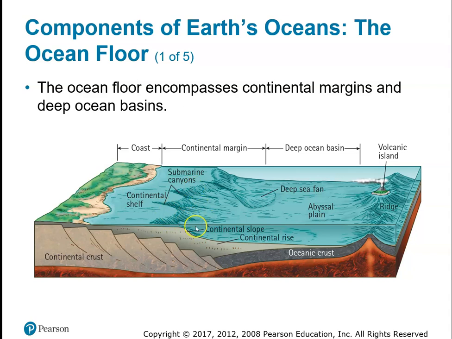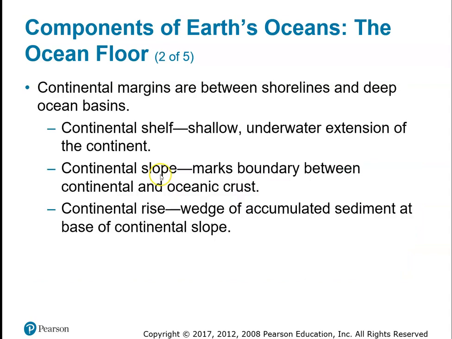The continental slope is much closer to the actual coastline, so you don't have that much of a continental shelf. And then of course the continental slope has a very large angle that extends down into the ocean basins.